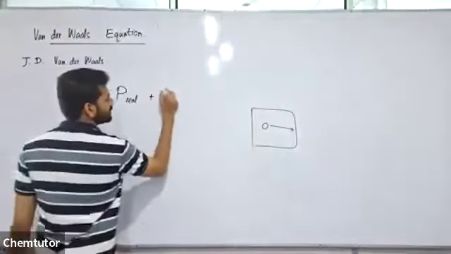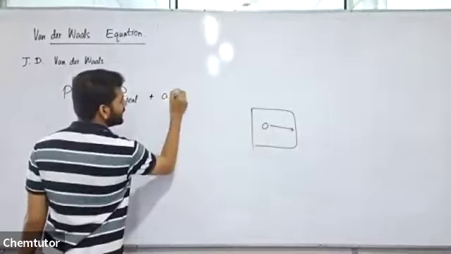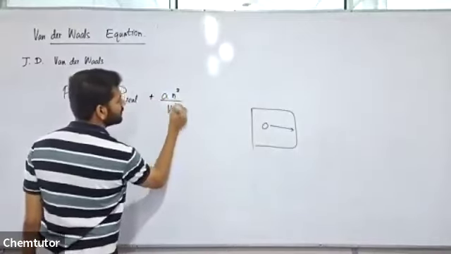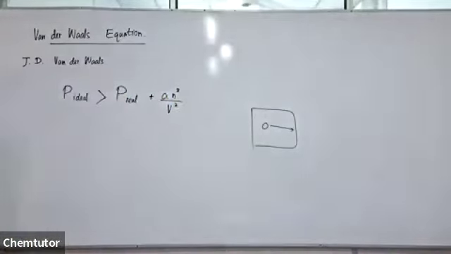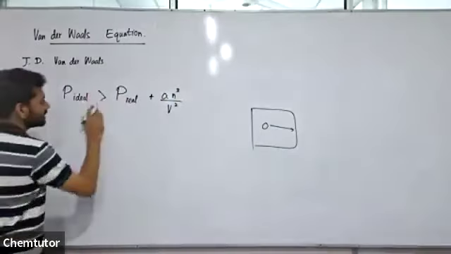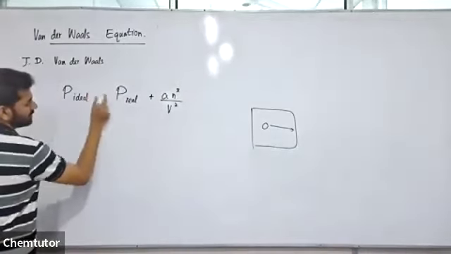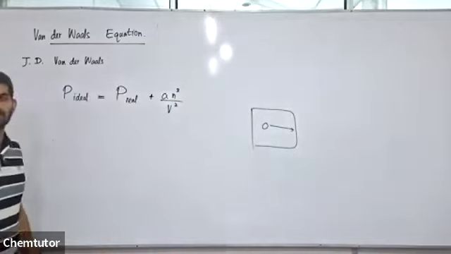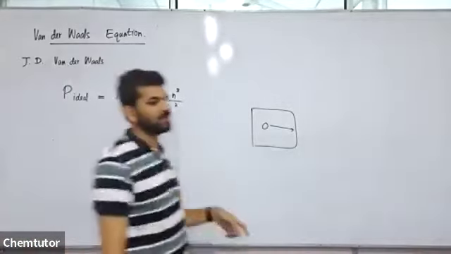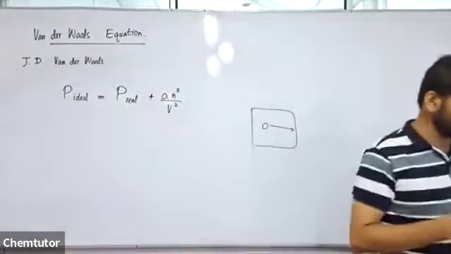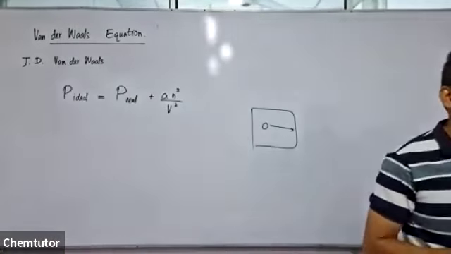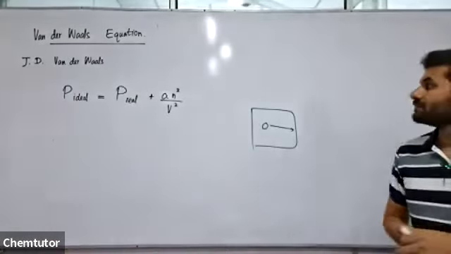That is a n squared over V squared. Then this is equal to the ideal gas pressure. So a n squared over V squared, that is the pressure correction that we apply. Is it clear? Right.